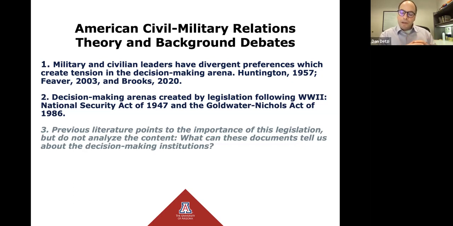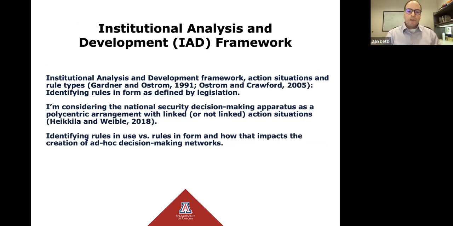But we still see this uncoordinated action in wars like the first Gulf War, also the insurgencies in Iraq and Afghanistan. So I'm using the institutional analysis and development framework to look at these decision-making action situations. So I'm considering the national security decision-making apparatus as a polycentric arrangement, as I mentioned.